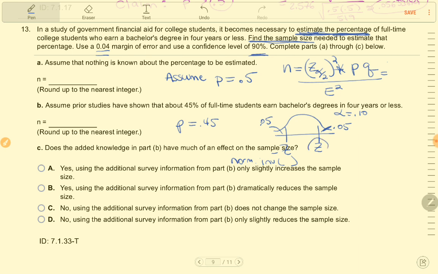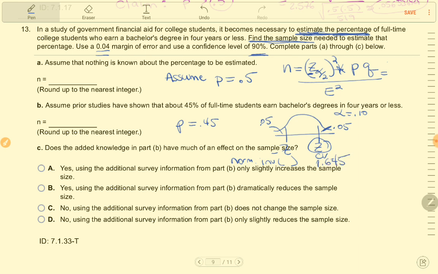And then I got to be careful to use the positive version so that I can have a positive answer when I get my n. Of course, even if I use the negative in this case, it won't matter because I'm going to square this and then it'll become positive anyways. But just to stick with the convention we've been using when estimating E, we are always talking about the positive version when we're doing stuff for confidence intervals. So if I find using the 0.05 area, I get a z-score of 1.645.